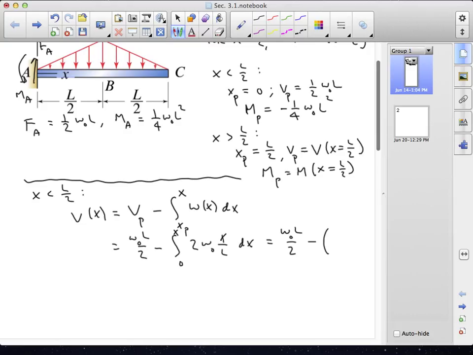The integral simply integrates to w0 x squared over L, evaluated between 0 and x. There's no contribution from 0 for this simple polynomial, so we end up with w0 L over 2 minus w0 x squared over L, and we can pull out a w0L to get 1/2 minus x squared over L squared.